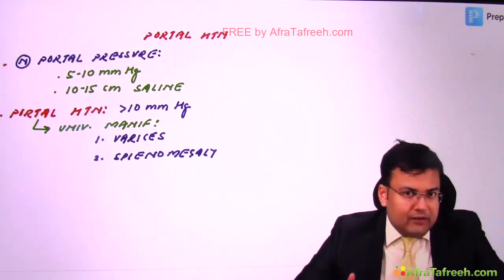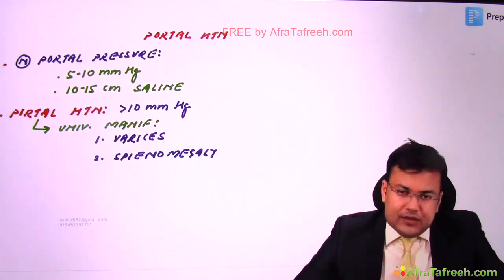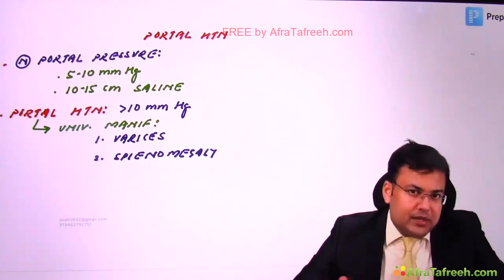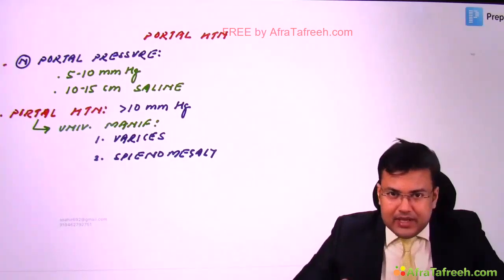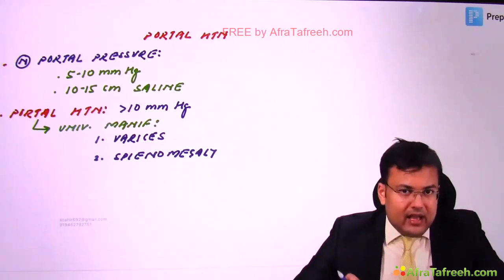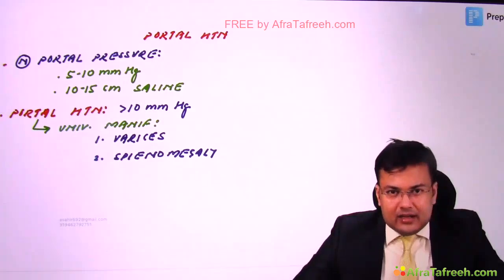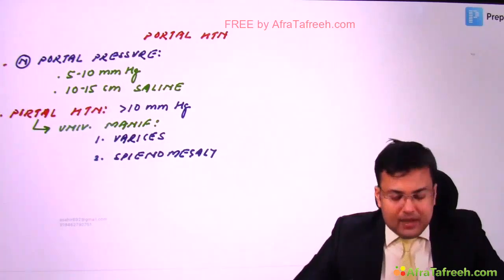So simple question, at what pressure esophageal variceal formation begins? So in patient of portal hypertension, there will be esophageal varices. So at what pressure it begins? It begins at pressure more than 10 mmHg. So esophageal variceal formation begins when the pressure is more than 10, and variceal bleeding occurs when the pressure is more than 12 mmHg.